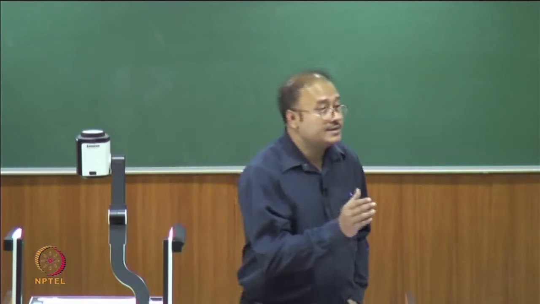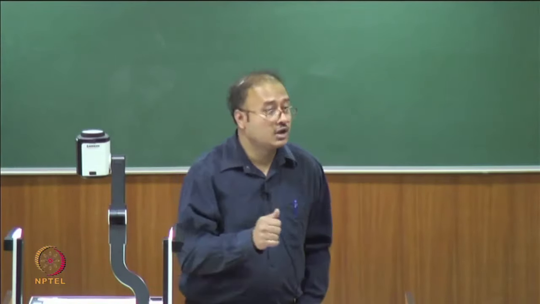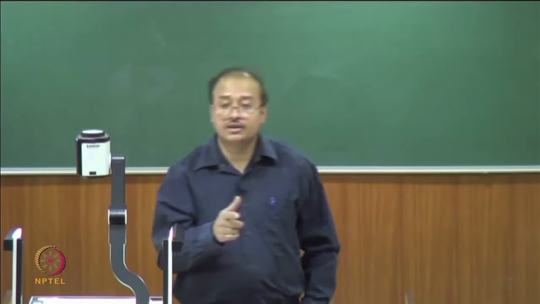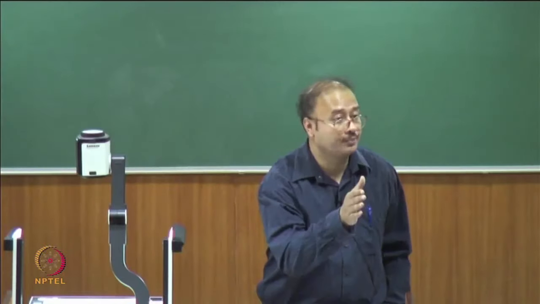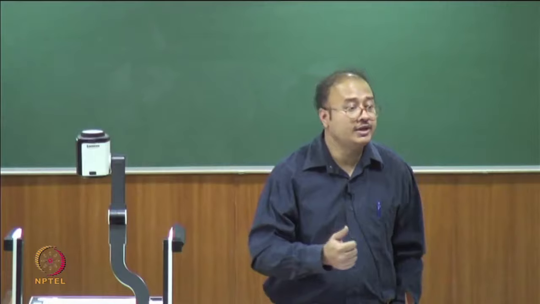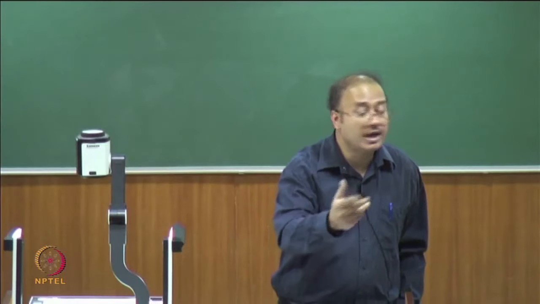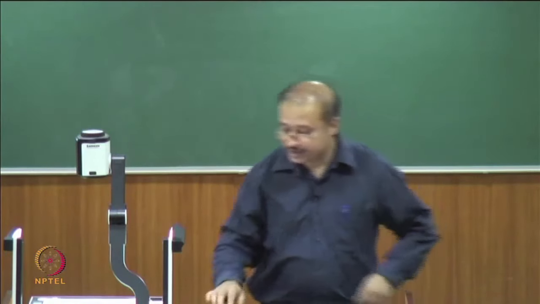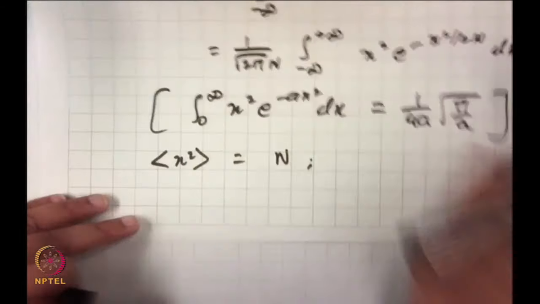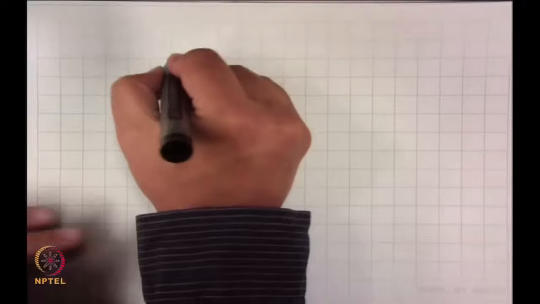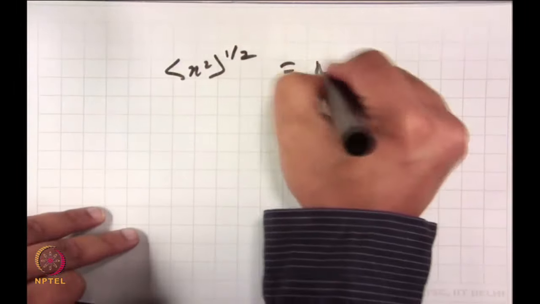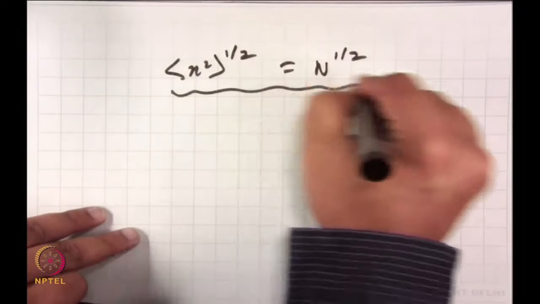Now, this is the basic difference between something exhibiting a random walk and something exhibiting a directed walk. If it is a directed walk, you would expect it to be linearly proportional to n, but in this case what you are getting is that the root mean square, x square to the power half, is equal to n to the power half.